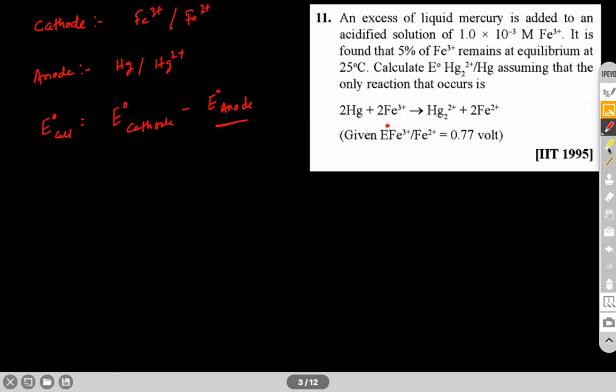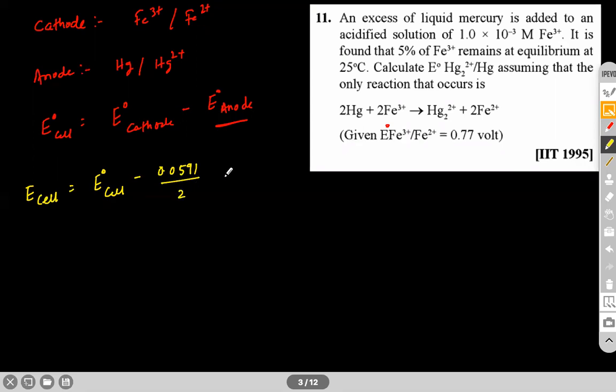Okay. Now when you apply the Nernst equation into this, E cell is equals to this thing, right? E naught cell is nothing but this. So E naught cell minus 0.0591 divided by 2, right?